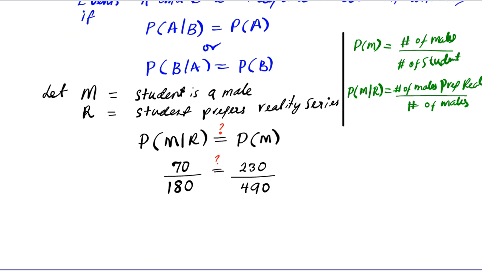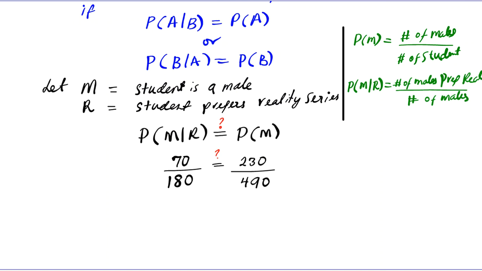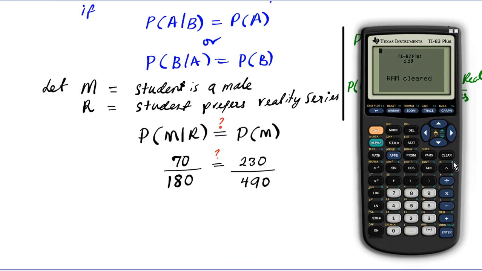Okay, so just simply compare these two quotients and see if they are equal. So 70 divided by 180 is 0.38 repeating. Is it equal to 230 divided by 490?